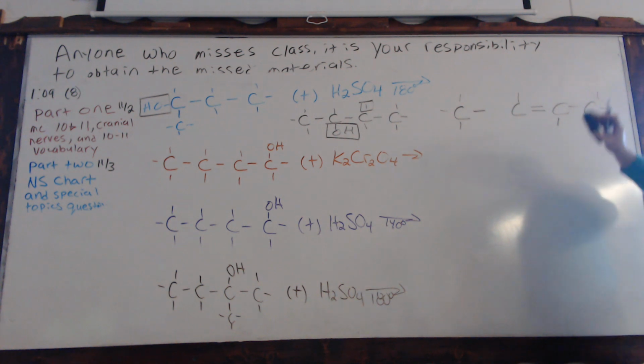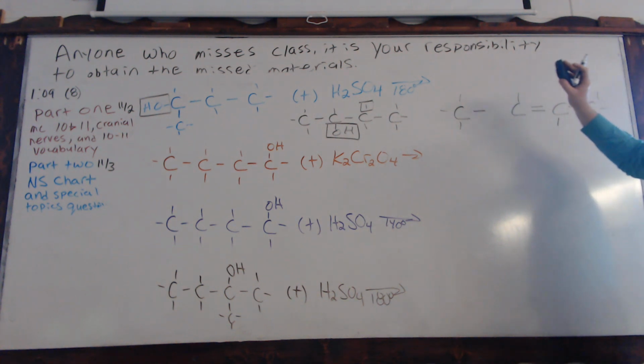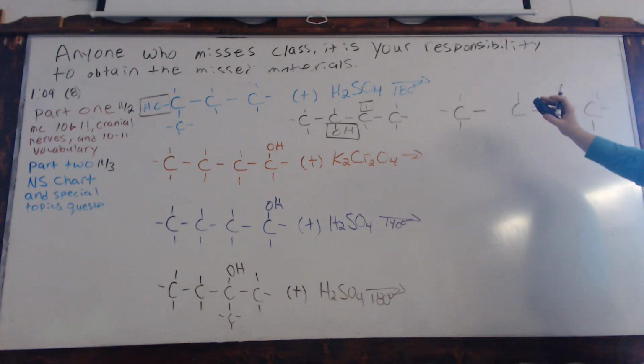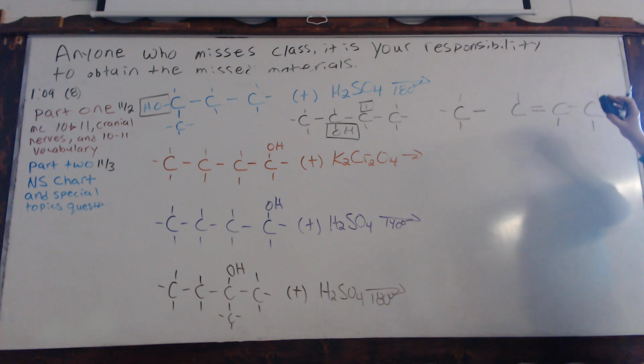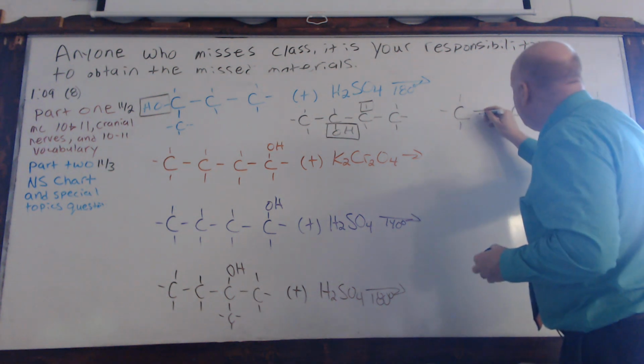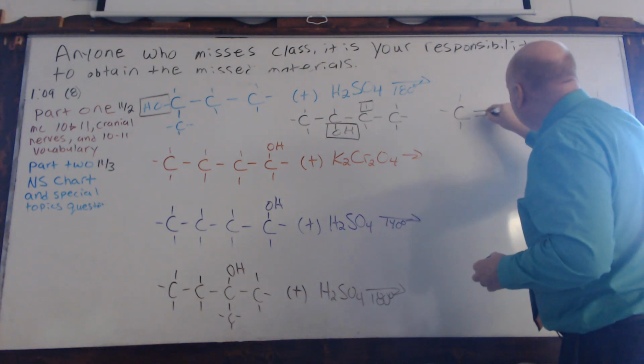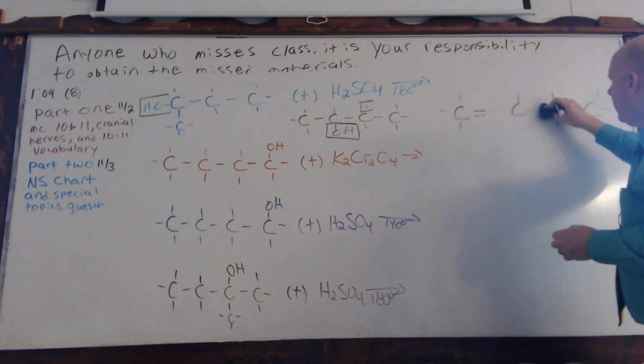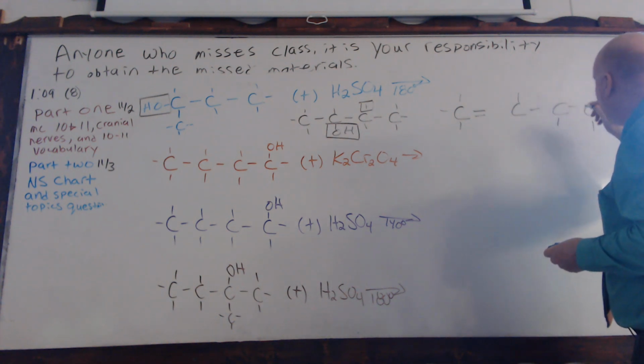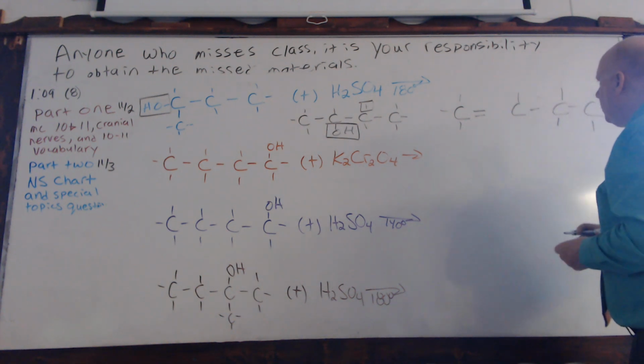So if this is one product, then how do we get our other product from here? Right. We're going to put a double bond here. Change this one back to a single bond, which means that has to go on there.